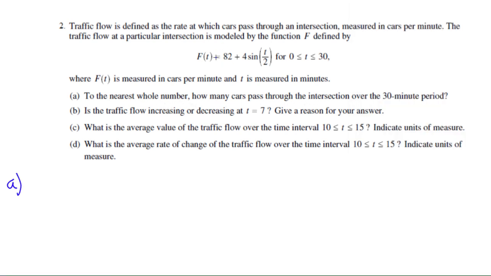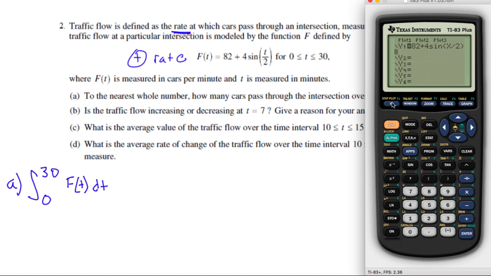It says the traffic flow is modeled by, oh yeah, it says it's a rate right here. This function is a positive rate, which means in order to get a number, I need to take the integral. So for part A, I'm looking for the integral over the 30-minute period, between 0 and 30, which makes sense because that's the domain, from 0 to 30 of this capital F of t function dt.